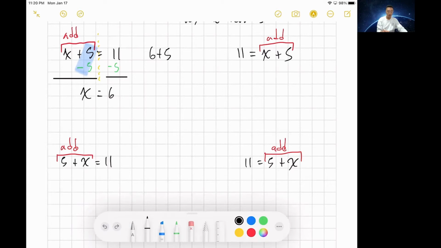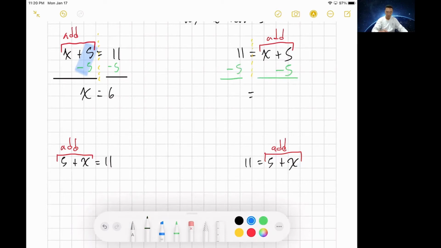Now, in all 4 of these situations, you do exactly the same because they're all adding 5. It's an addition of 5, okay? So if it was on the right side, I would do the same thing. I would go ahead and subtract 5 under the 5.